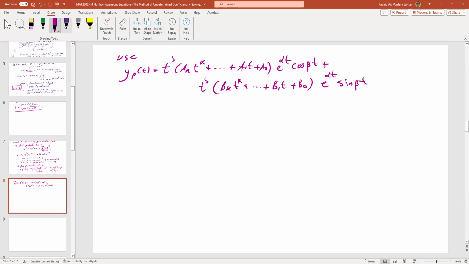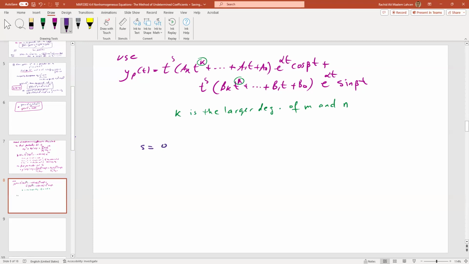So here, the important part is what is s now? What is k first? Let's do k first. So k, you see, we're using the same. We may have different degrees, but in this particular solution, we're using the same degree k. So k here is the larger of m and n, the larger degree of m and n, right? That's the important part.